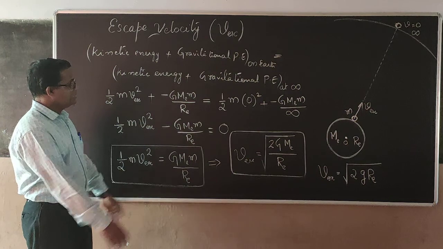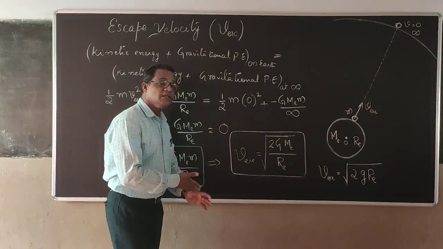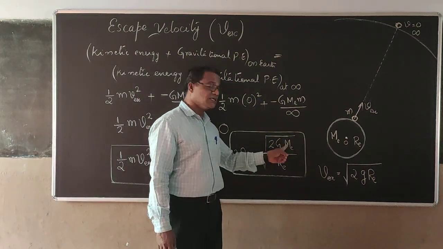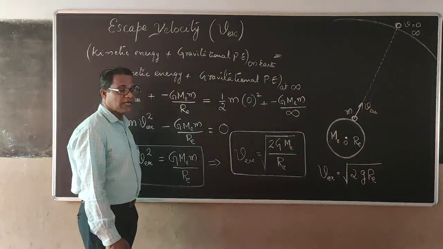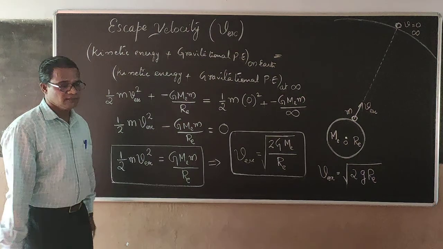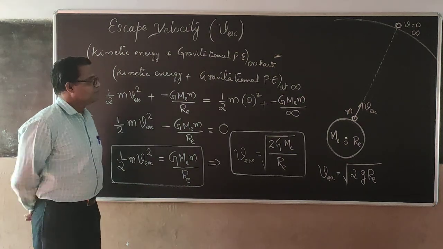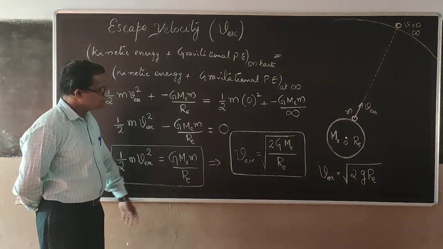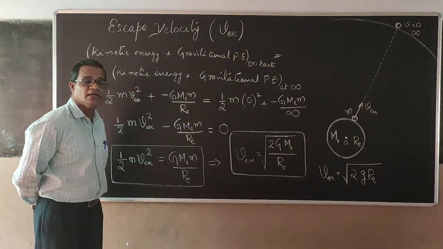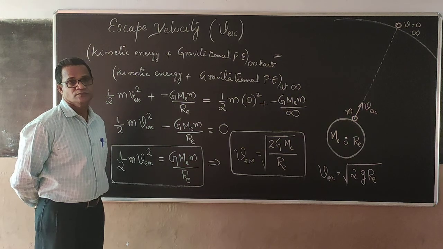So for any planet, if you want to write the equation for escape velocity, just consider its mass and radius in this one. Here I have written it for Earth, but you can use the same for any other planet. The only change is the mass of the planet and the radius of the planet.